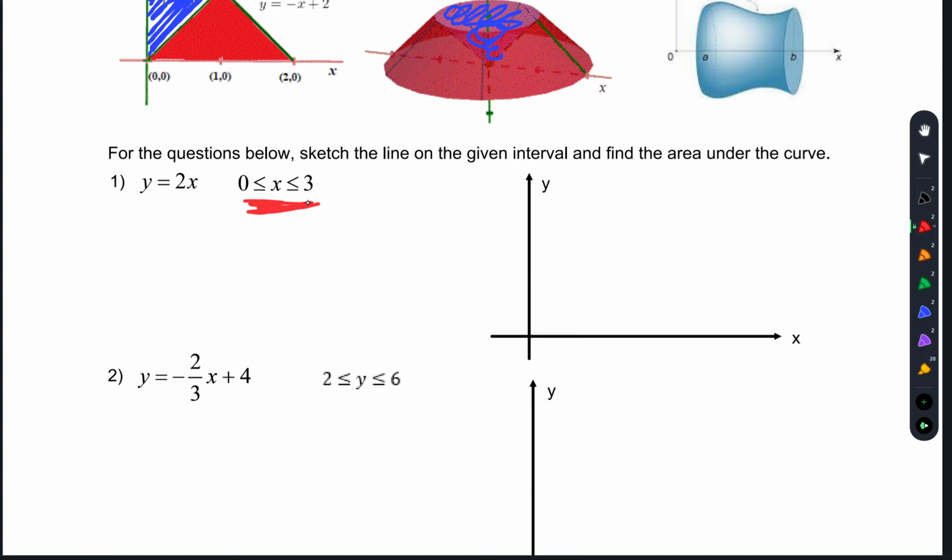And then our goal is to find something called the area under the curve. So we will talk about that when we get there. So let's first talk about where our restriction is. It's on the x-axis, which is here, and it's between the two points 0 and 3. So I know that I only want my graph to show up between 0 and 3.